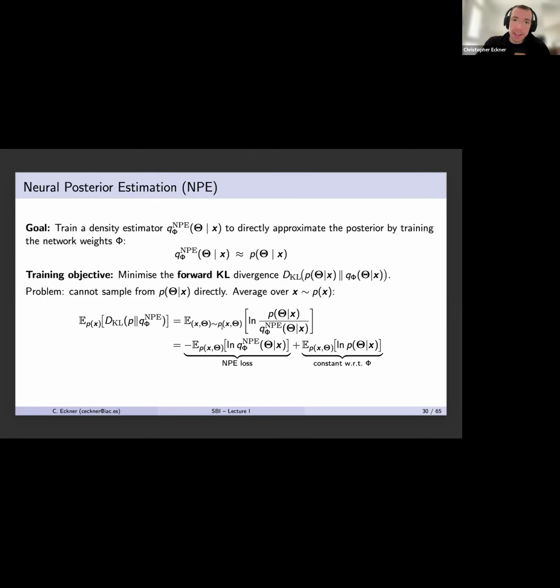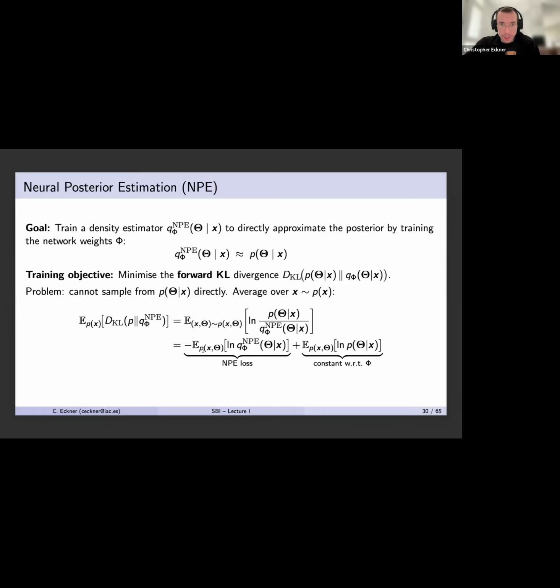So what we actually gain is, instead of doing those two expectation values, we can just do one expectation value, drawing from the joint probability density function, which is simply simulating examples from our simulator. And then we can evaluate this. If you write this now using the normal laws of the logarithm, you get two terms.